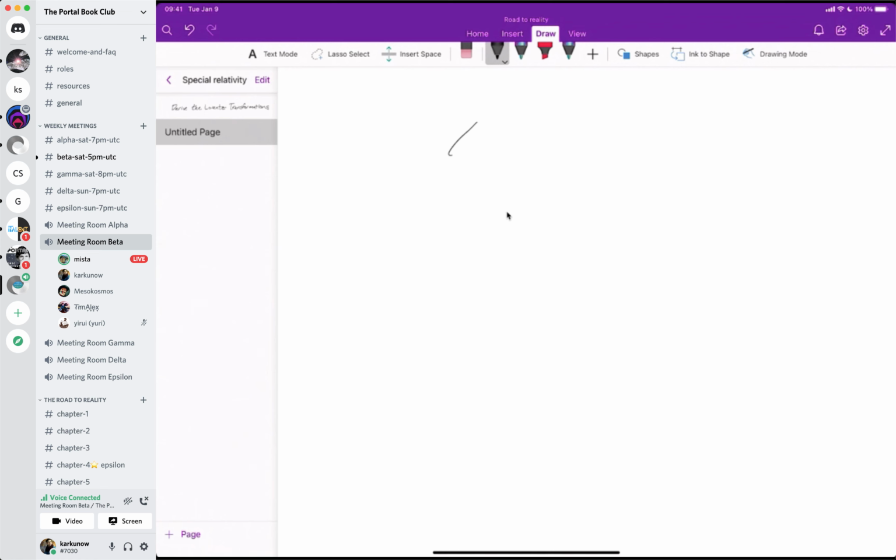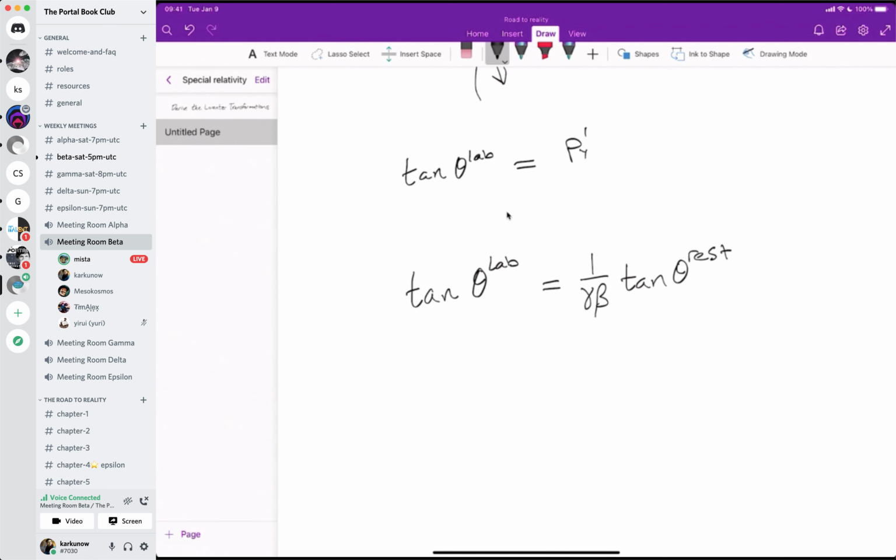Well, the relation that we just came to was that the tangent of theta in the lab will be 1 over gamma beta tangent in the rest frame. That's the expression that we just got to. And the way that we got there was saying that tangent of theta lab is just going to be the y component of the momentum in the lab over the x component of the momentum in the lab.